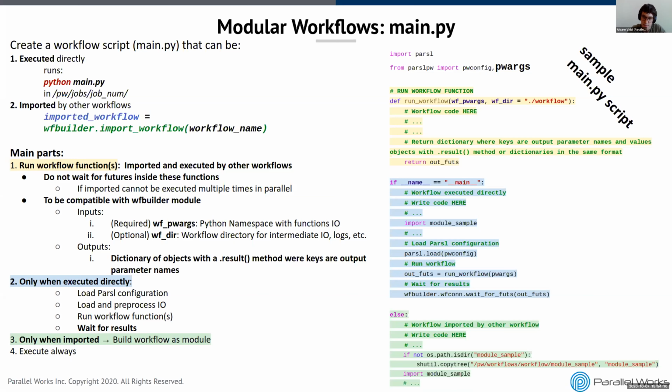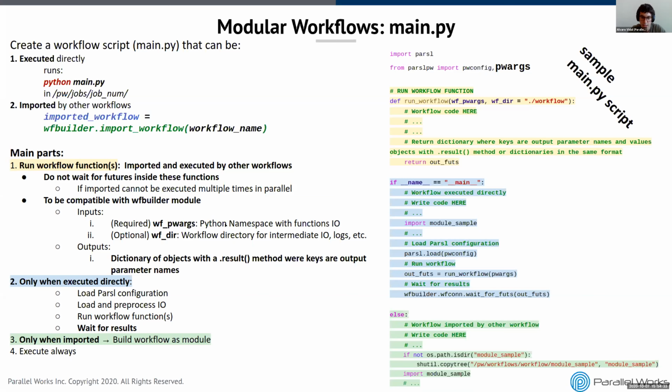And then if you want this function to be compatible with the workflow builder module, which is a Python module with workflow building tools that we use to, for example, import and connect workflows, it needs to have certain input and output definitions.